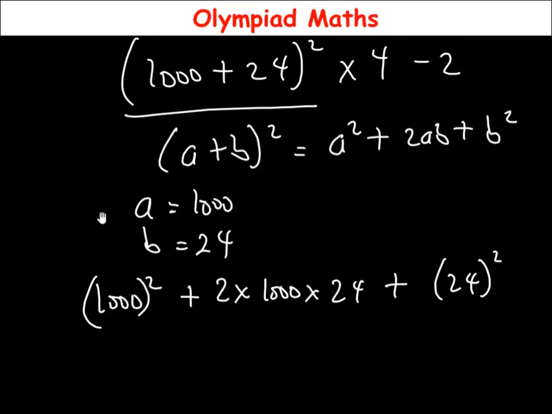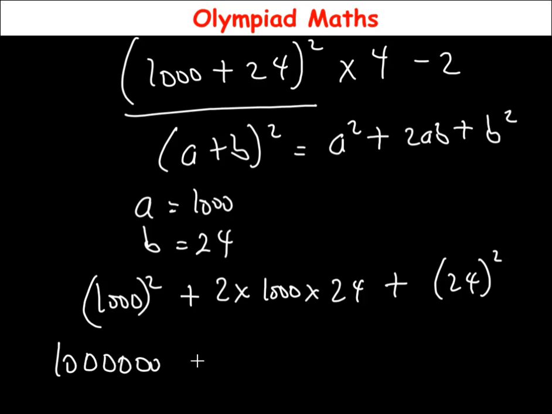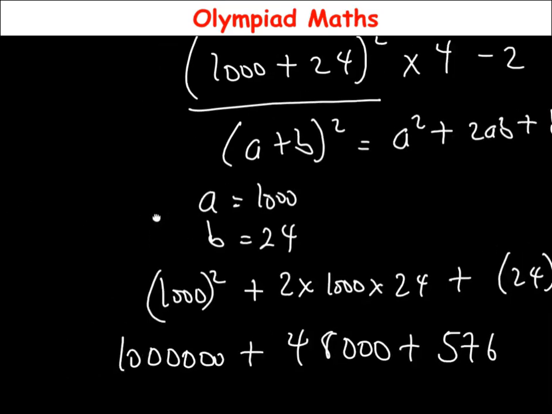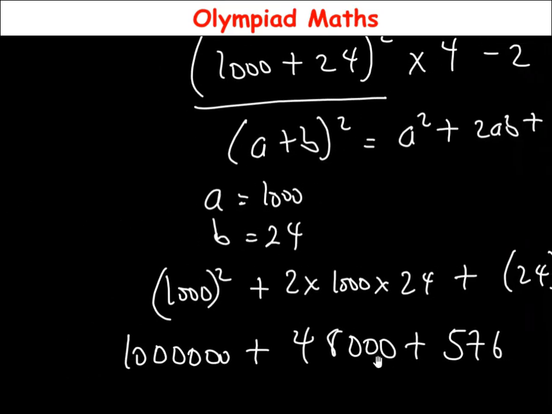Such that from here, we have 1000 squared as 1,000,000, then plus 2 times 1000 times 24, which is equal to 48,000, plus 24 squared, which is 24 times 24, and that will give us 576. In this case, let's add up 1 million plus 48,000 plus 576.